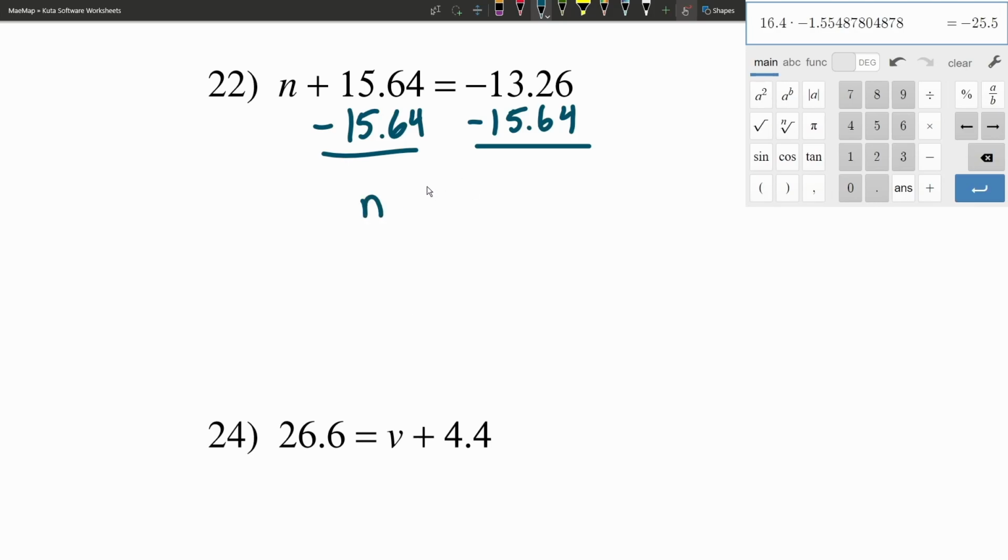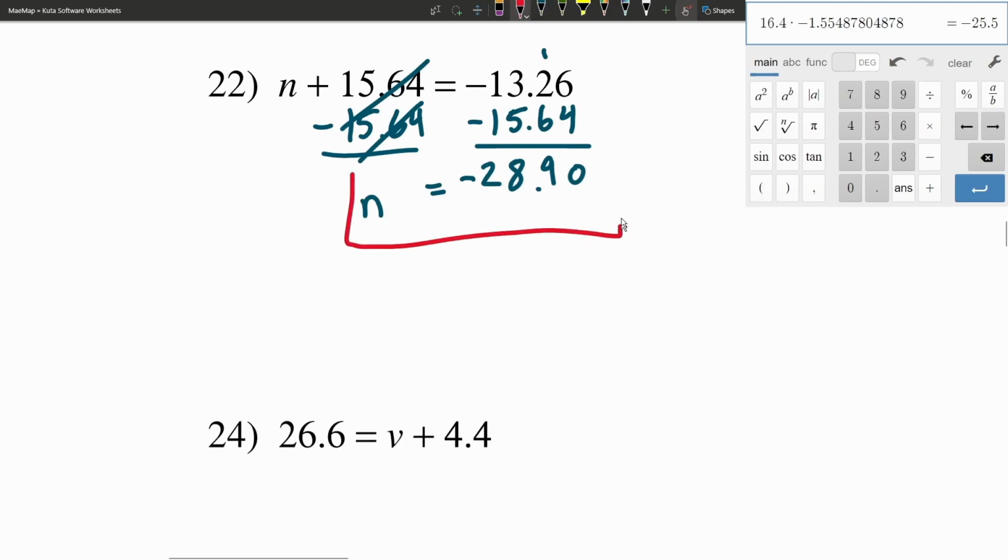So this is going to be N equals 6 plus 4 is 10, carry the 1. 1 plus 2 plus 6 is 9. 3 plus 5 is 8. 1 plus 1 is 2, and that's going to be a negative 28.90 or negative 28.9. Feel free to just drop this 0 off because there's nothing to the right of it. So negative 28.9 is equivalent to negative 28.90. So just go ahead and drop that 0 off.